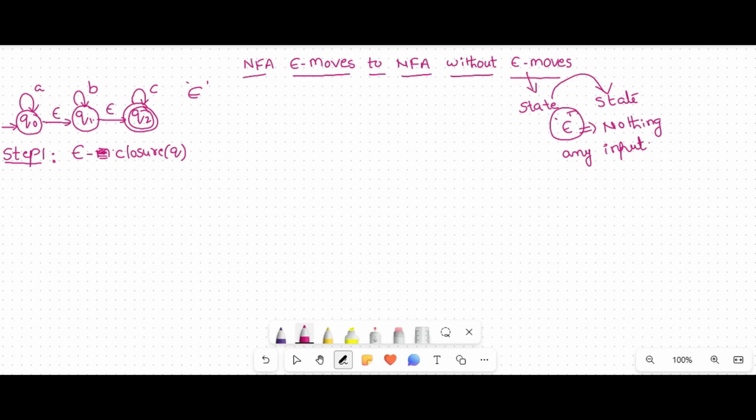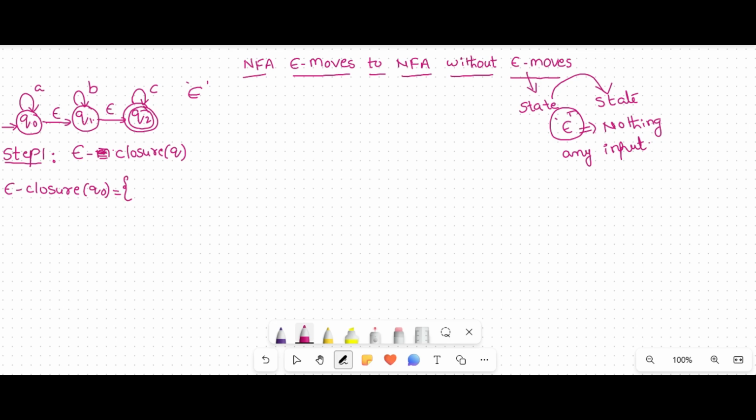So in our example, I am writing epsilon closure of Q0, similarly epsilon closure of Q1, epsilon closure of Q2. These we will find out.